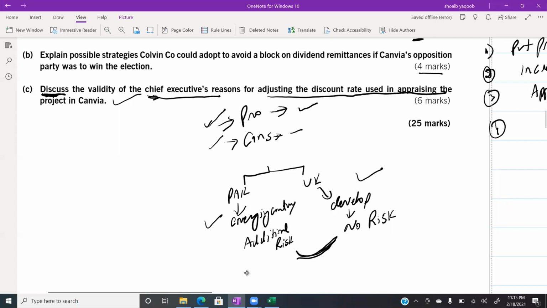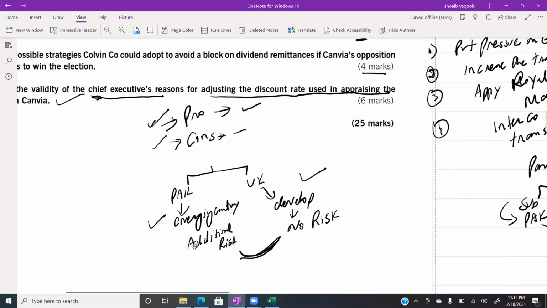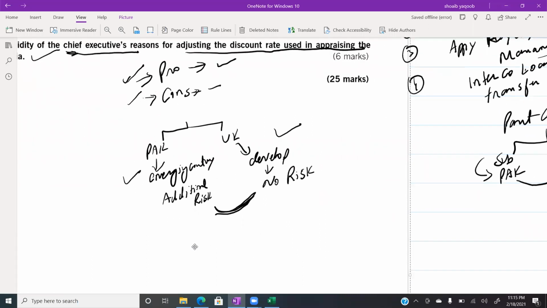Let me explain the last paragraph. Actually, the examiner has written some difficult vocabulary words there. Look, how you will diversify the risk. Let's suppose you invest in Pakistan and you are facing additional risk.